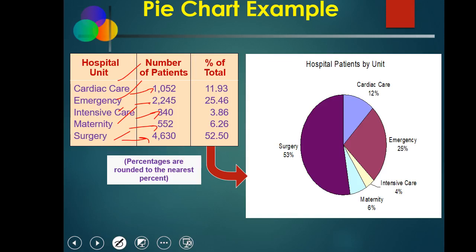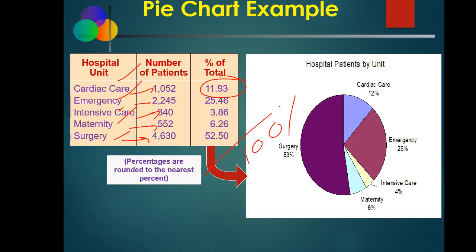For example, for cardiac care we have 1052 patients, so we divide 1052 by the total number of patients in that hospital and multiply by 100, and that will give us the percentage. For all of these we will receive the respective percentage, and when we sum up, that will be equal to 100%.